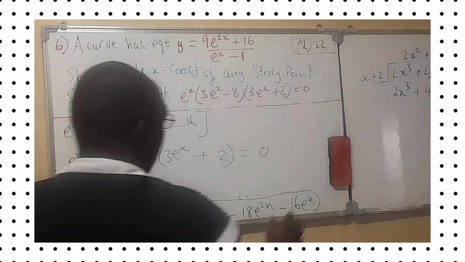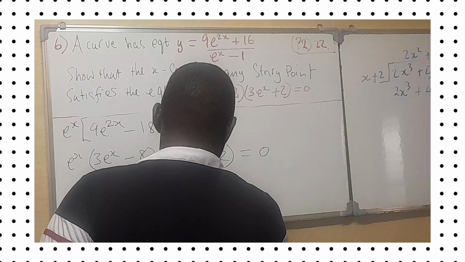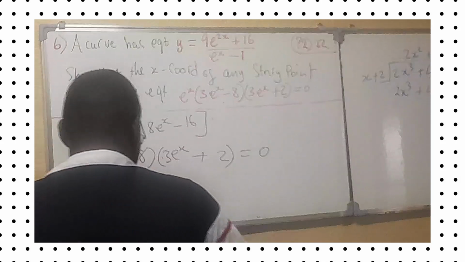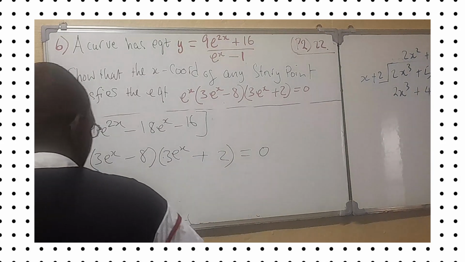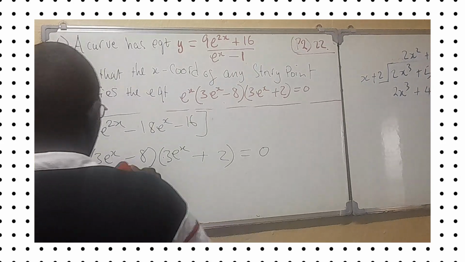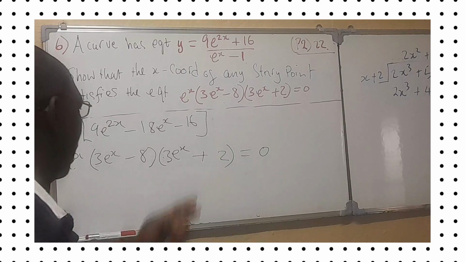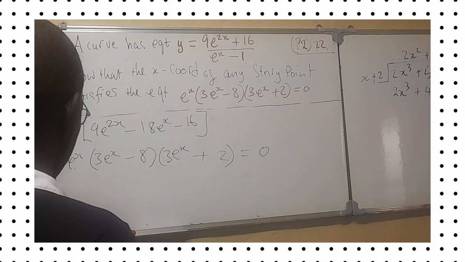The other part of the question, which I didn't put on the board, was actually saying, show that there is only one stationary point and find the x coordinate of that stationary point. Now here we are with this equation. There are two possibilities.